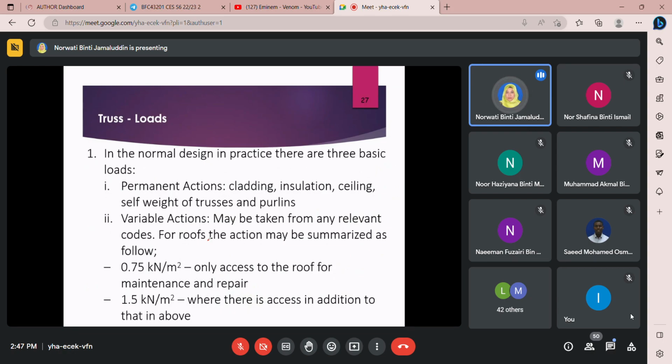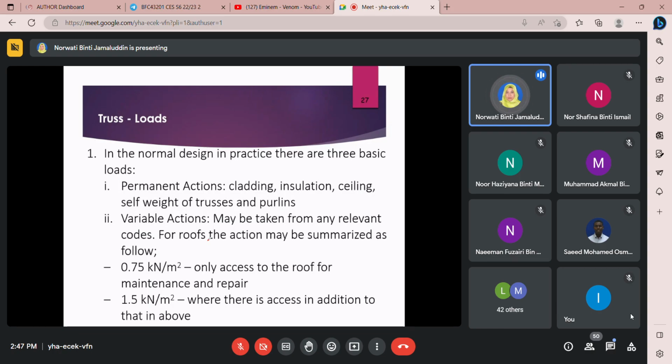Okay, load. What about load? Basic load: you have permanent action and variable action. Permanent action comes from cladding, insulation, ceiling, and also the self-weight of the truss and purlin.